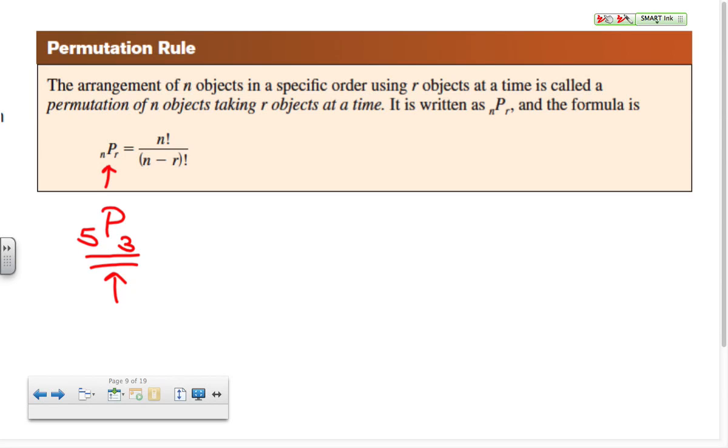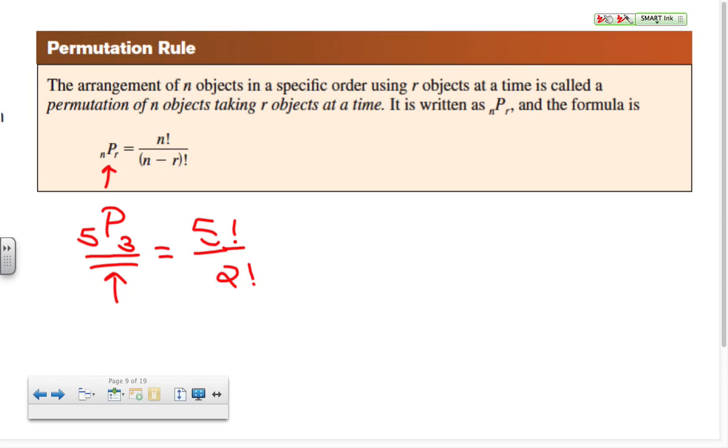Again, part of the homework, I do want you to show formulas. I start with 5 factorial on the top, and I divide it by n minus r factorial. So this is 5 minus 3, which is 2 factorial.